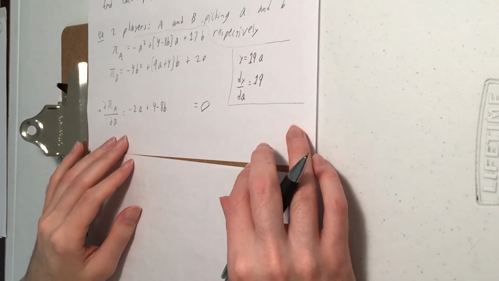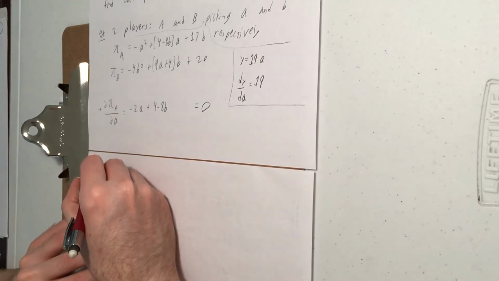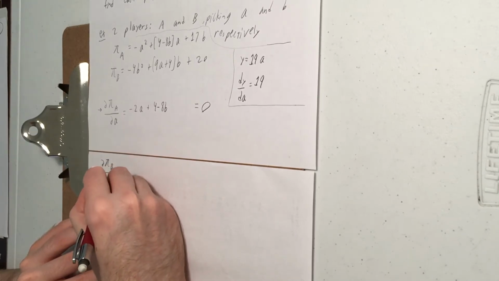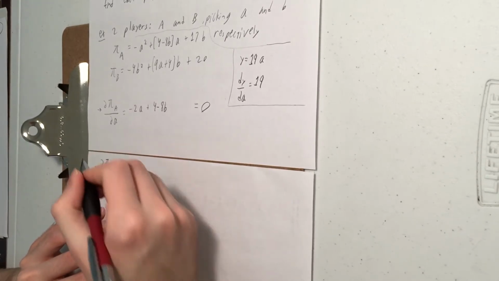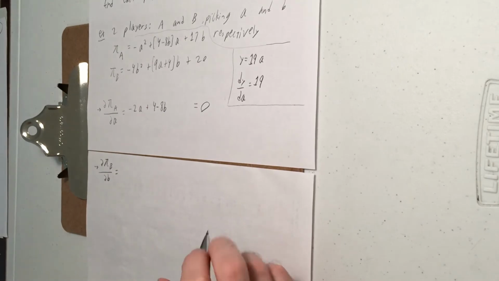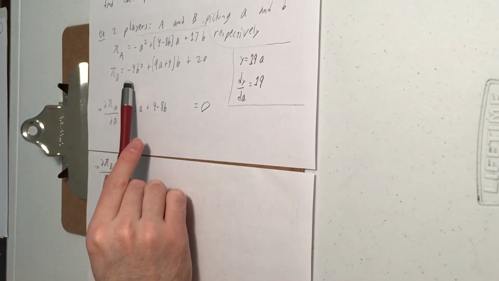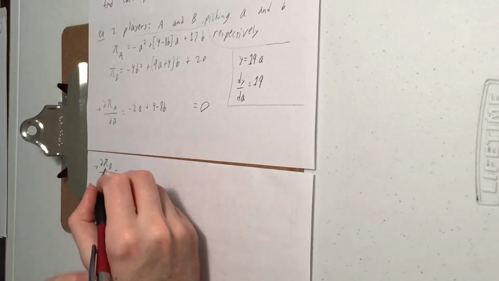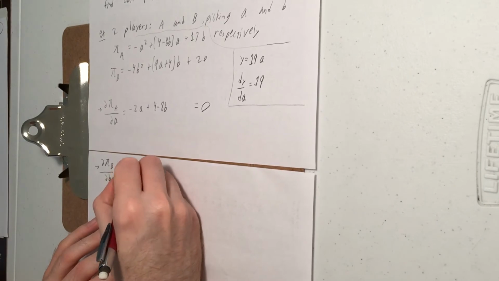Now player B also wants to maximize their payoff. So let's start with our first term. The partial derivative of minus 4b squared with respect to b is minus 8b.